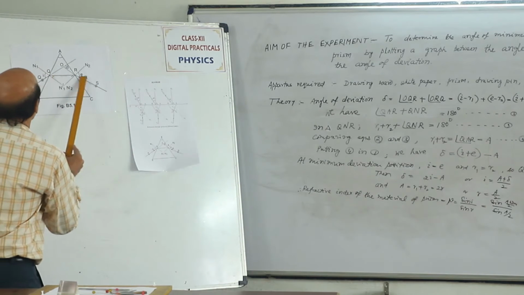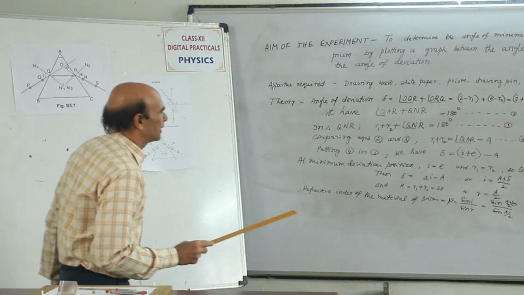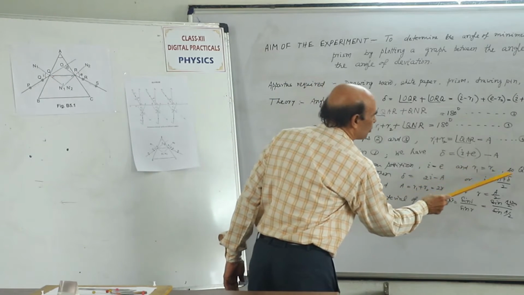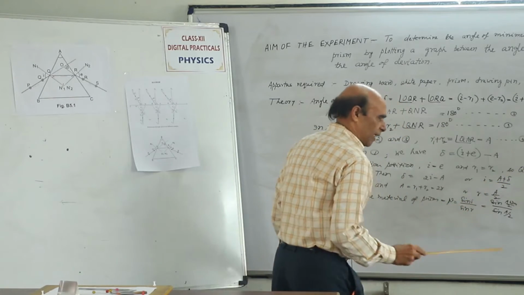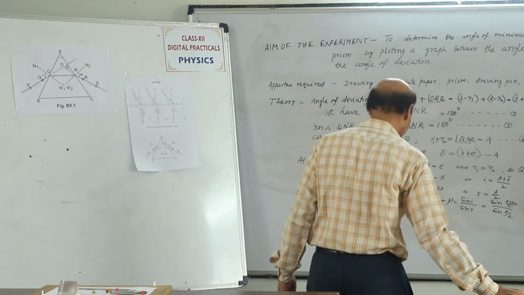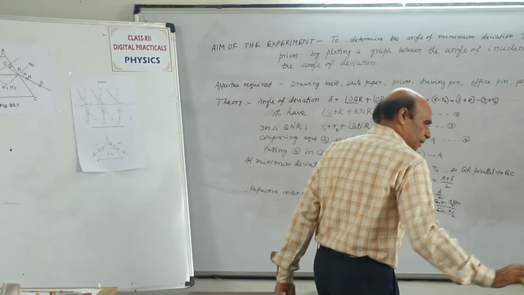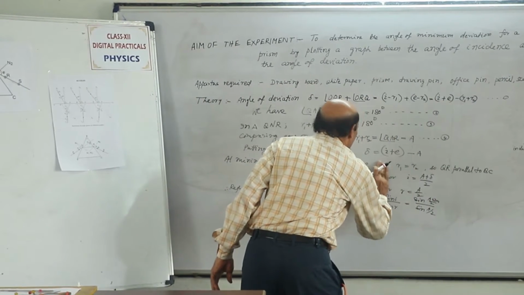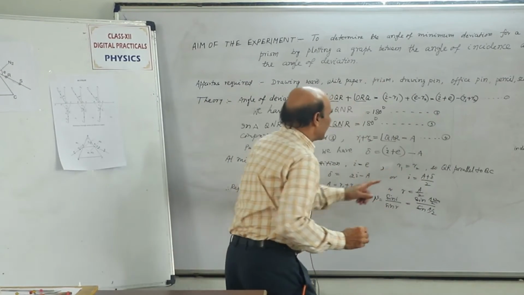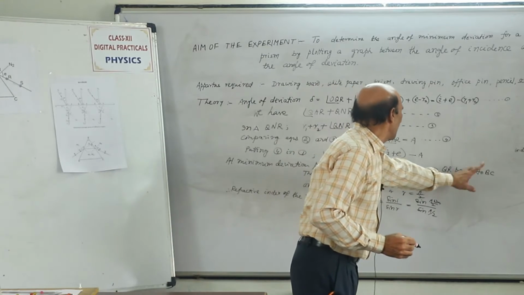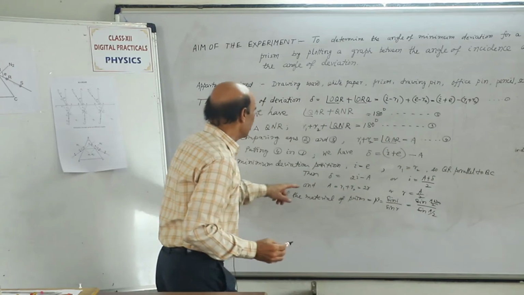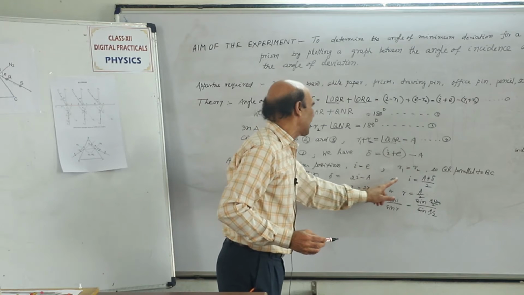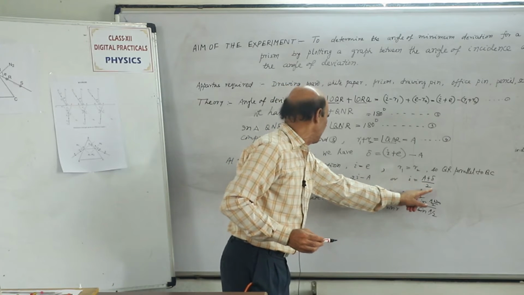That is, QR will be parallel to BC. Then delta will be equal to i plus e, that is 2i minus A, and i will be (A plus delta) by 2.